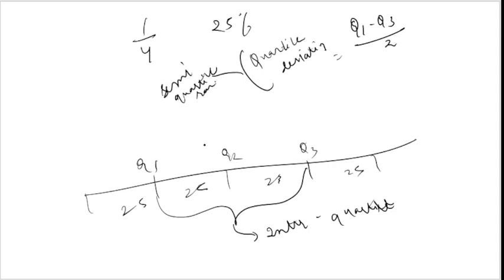So the difference between the first and the third quartile is known as interquartile range. But if we divide it into half, then it is known as quartile deviation and semi-quartile range.